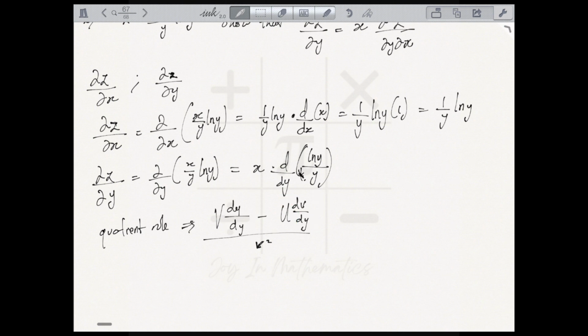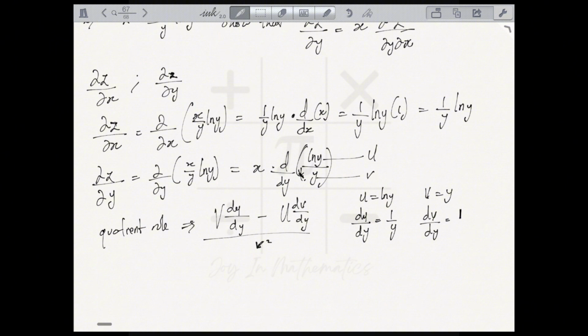In this case, this is our u and this is our v. So if u is equal to ln y and v is equal to y, our du/dy, differentiating ln y, is 1 over y, and our dv/dy, that is differentiating y with respect to y, is 1.